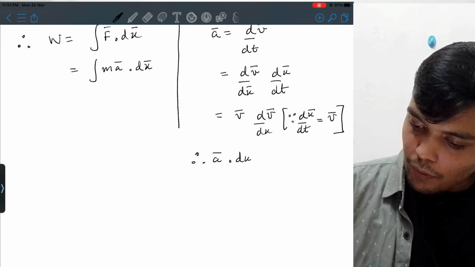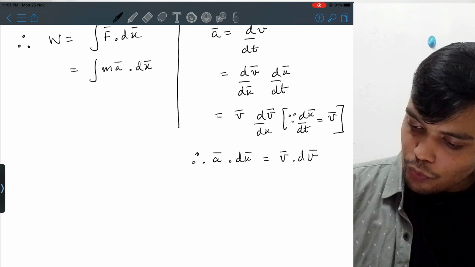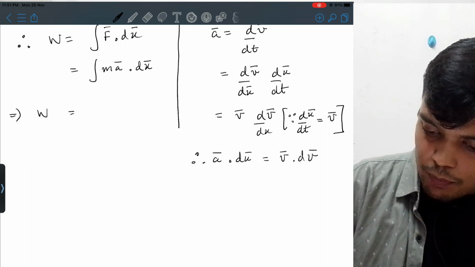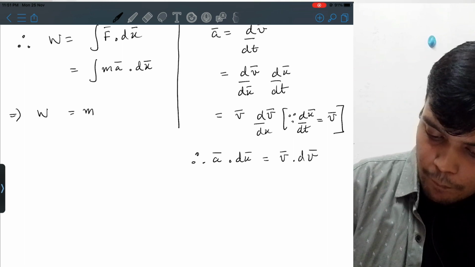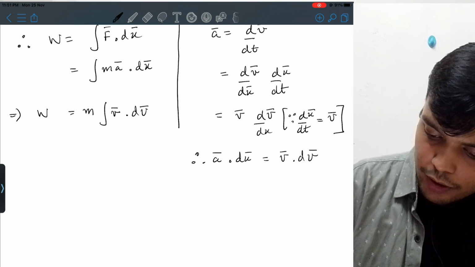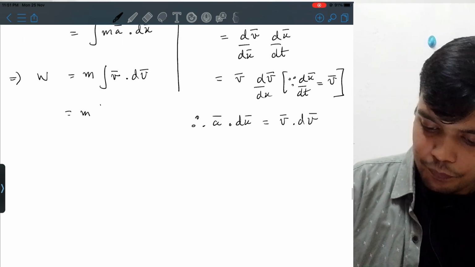Therefore, a dot dx is equal to v dot dv, which implies work is equal to m v dot dv, since m is constant.